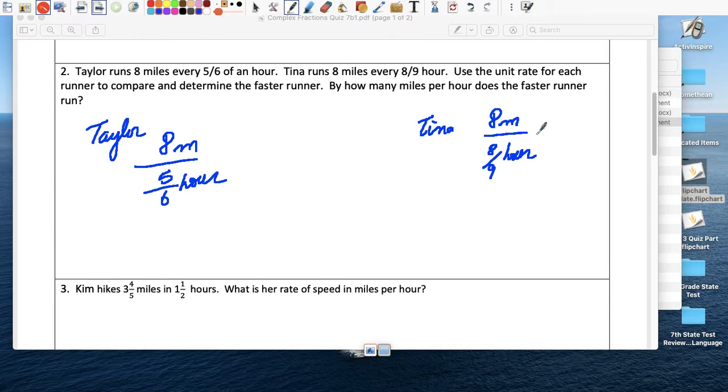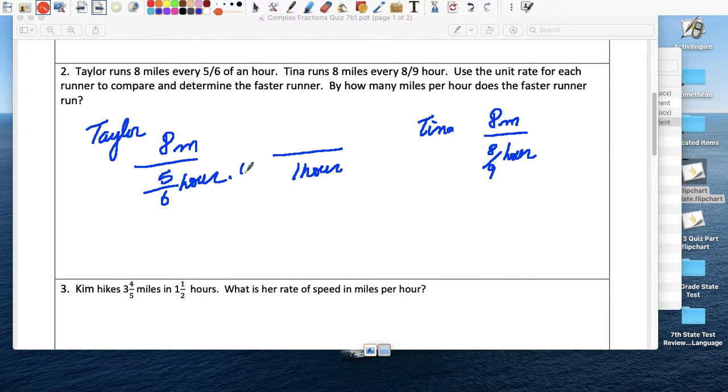Okay, so you can divide both sides. So again, it's the same concept, right? If you want to find out 1 hour, we divide both top and bottom by 5/6, which is truly the same thing as multiplying by the reciprocal, which is 6/5, right? So you can write 8 divided by 5/6, which is completely fine.